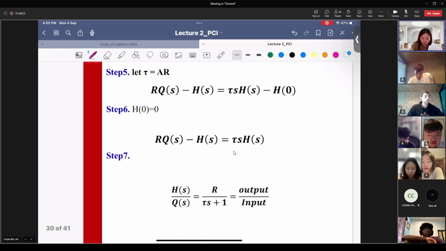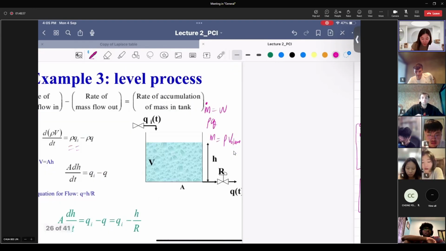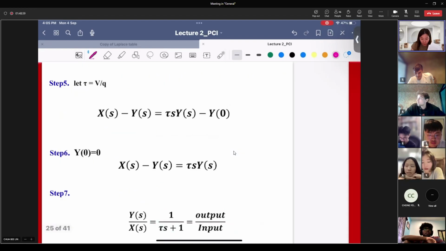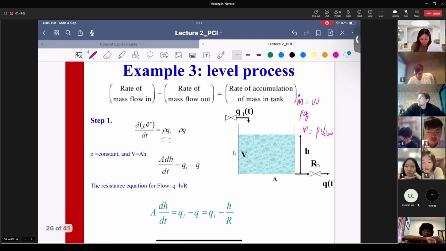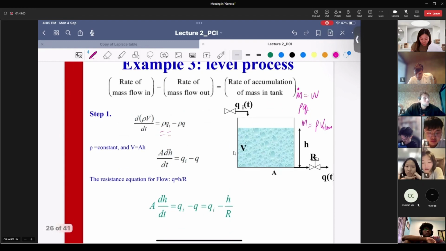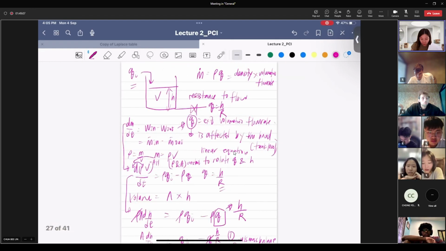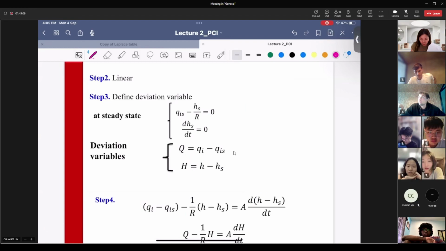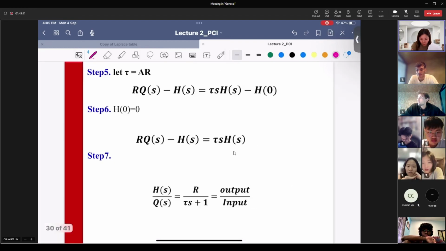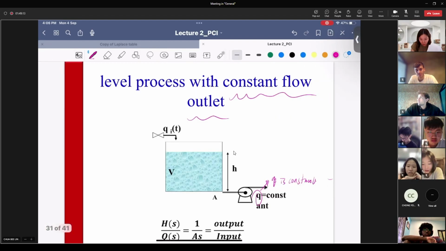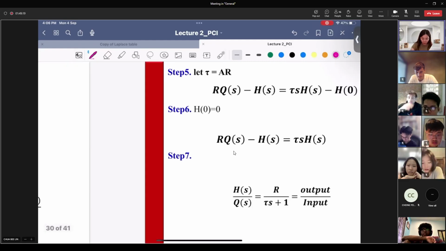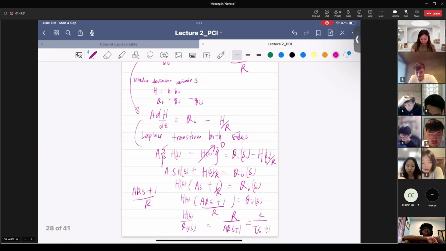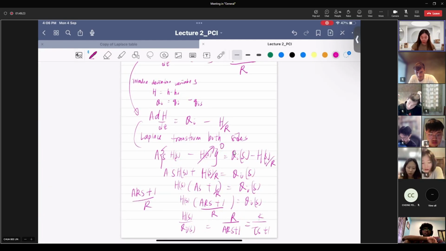So just now the condition, let me check again the condition. What is constant? Level 3. Okay, so final answer, A dH... or what I derive?